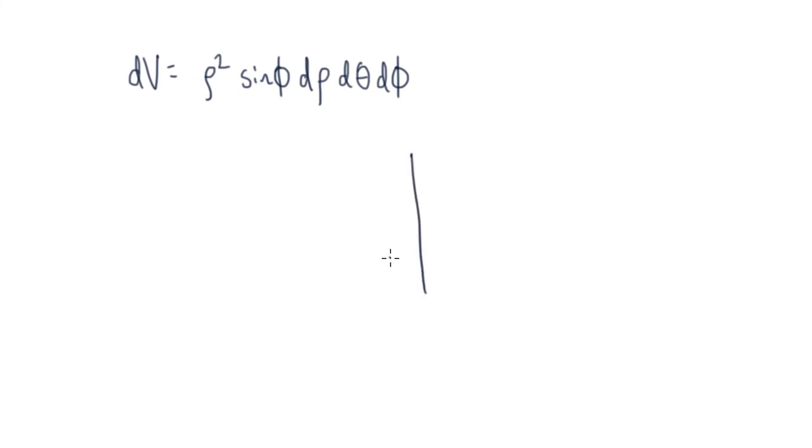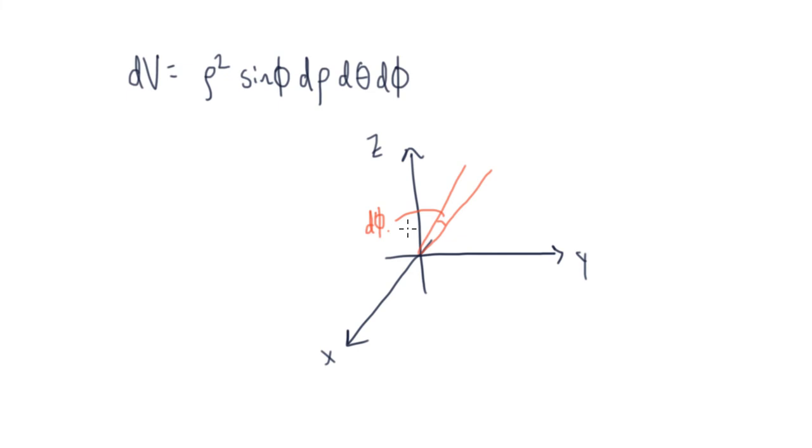So if we look in three-dimensional space and I look at a region, first of all, let me look at a small change in phi. So if I have phi coming out here, and then phi coming out here, here we have d phi. Just like with d theta in polar coordinates, the further out I am, the greater the width this is going to take.